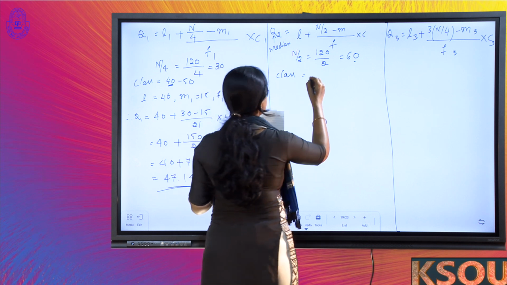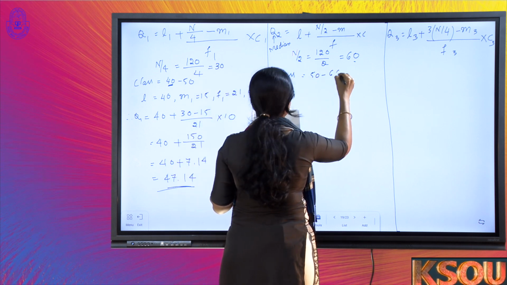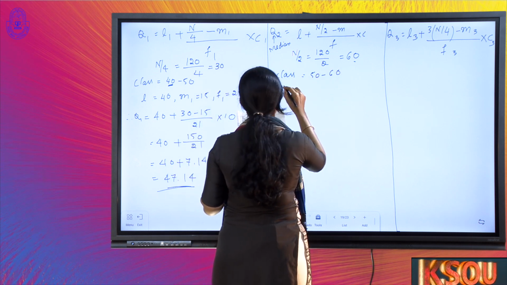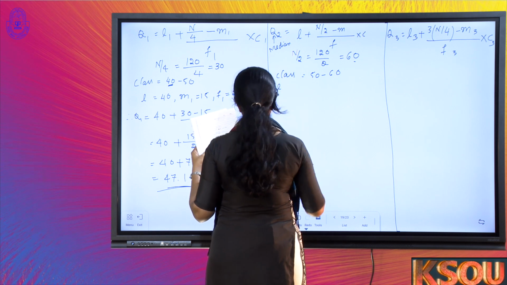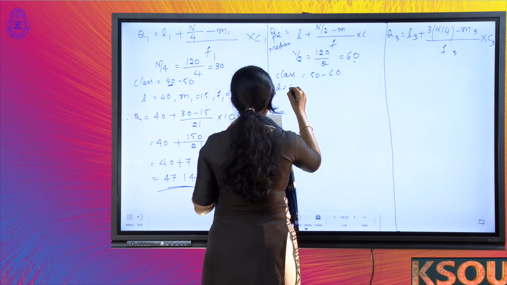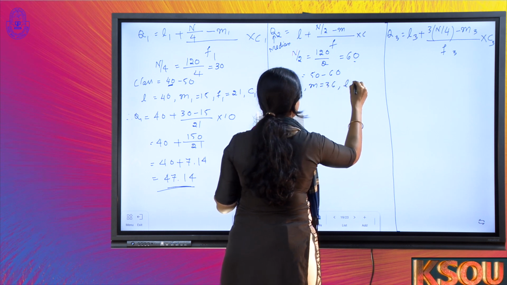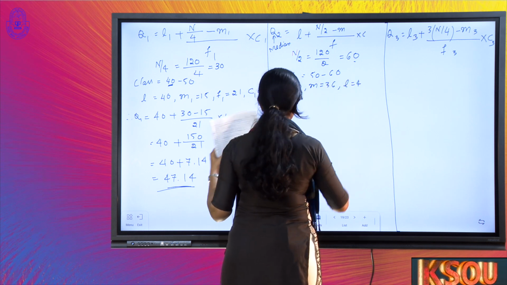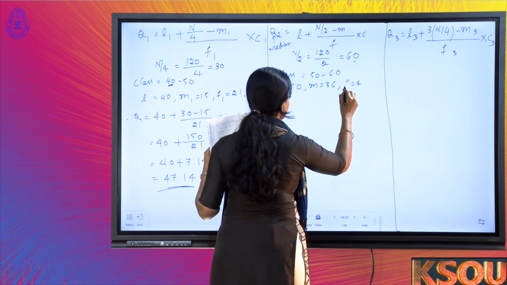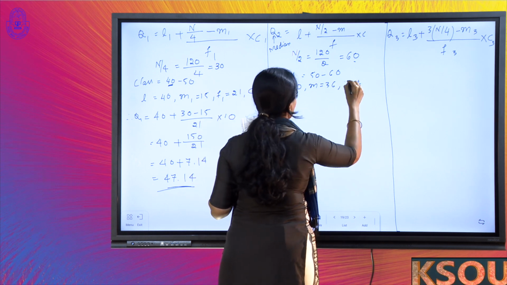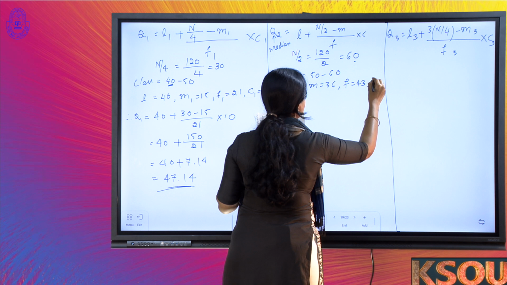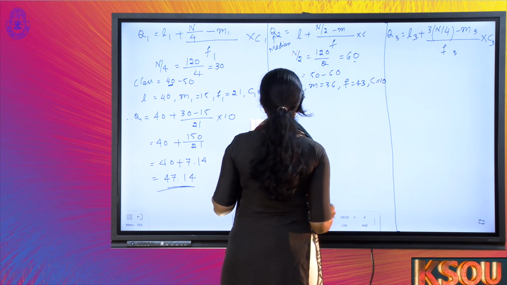So, take the class 50 to 60, then L is 50, M is 36, F is 43 and C is as usual 10.